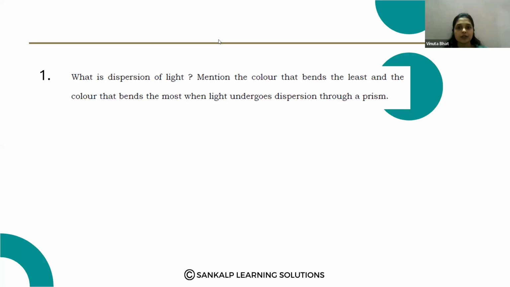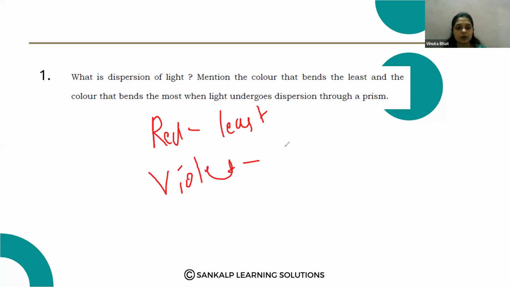Violet light bends the most, having the shortest wavelength, and red bends the least. Red color is the least bending color, and the violet color is the most bending color.